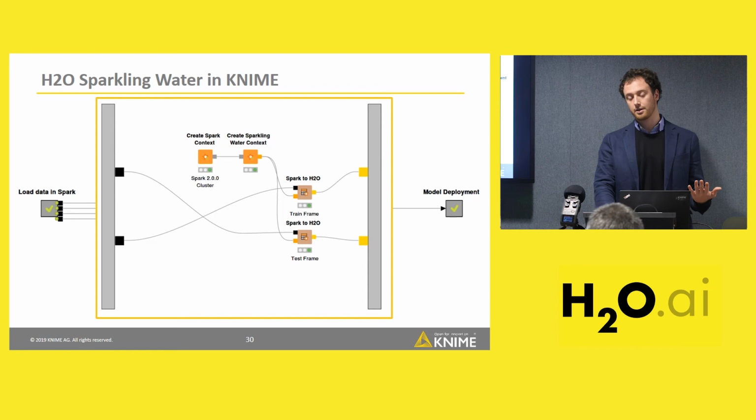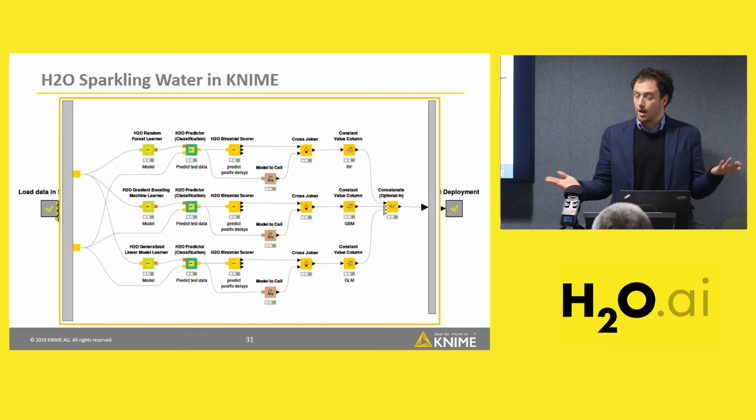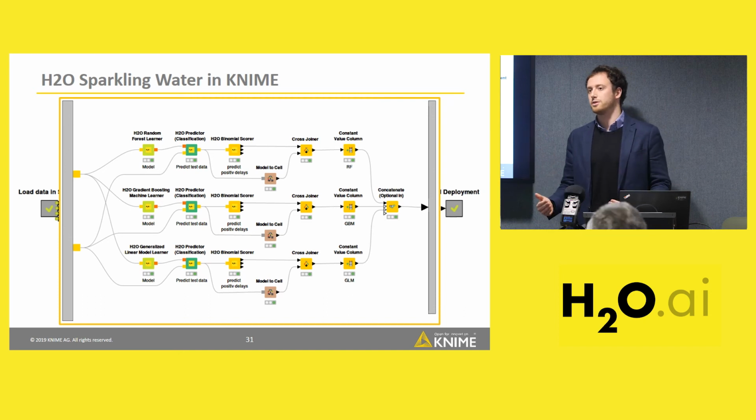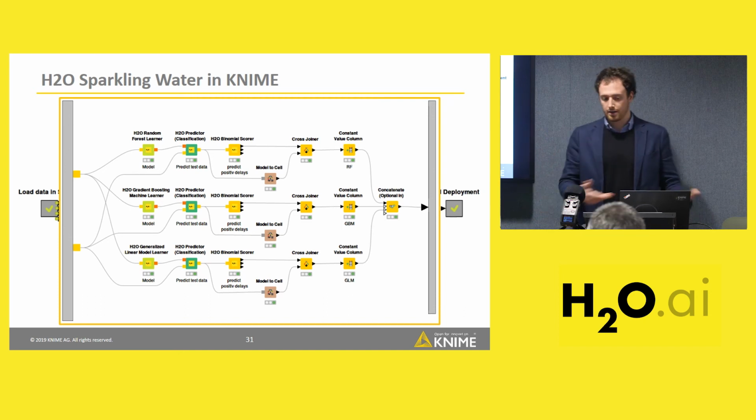We need to create a Spark context first, then we need to create a sparkling water context, then we convert the table coming from Spark to the H2O frame using the sparkling water context, and then finally we are ready now to do the training in H2O. What does it mean? It means basically what I showed you before, because from now on it just looks like before, just that we are running things on sparkling water, which is quite smooth.